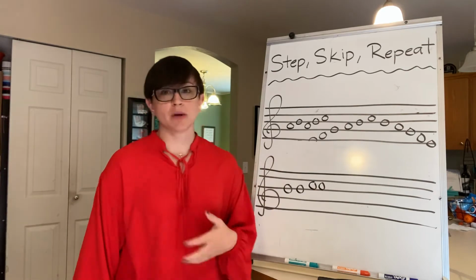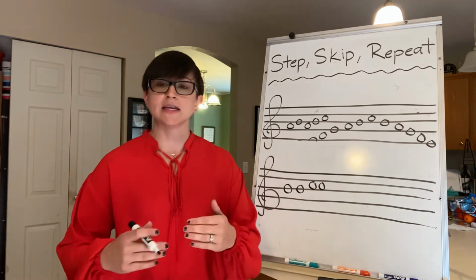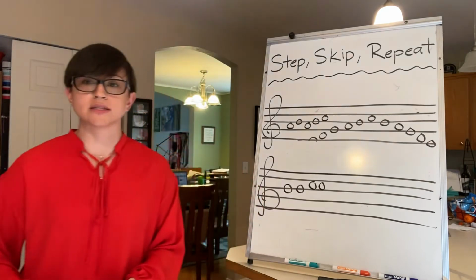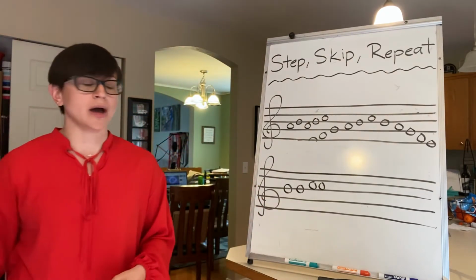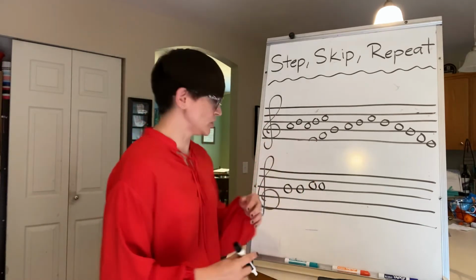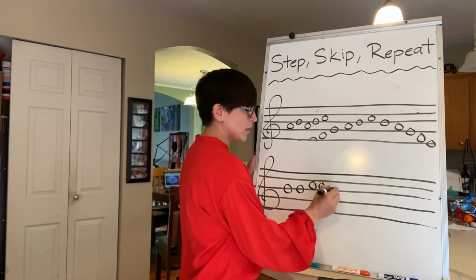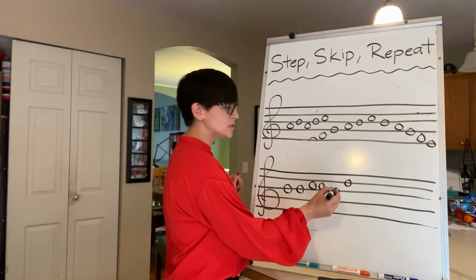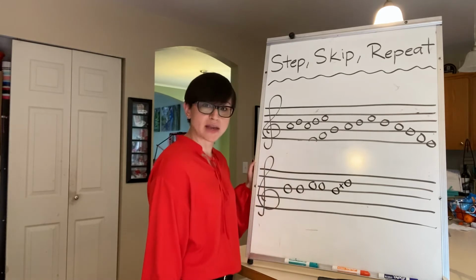And then when we talk about skips, it's just that, it skips. So just as if you would skip over a log or something, you end up skipping a note. So you can go from a line note to a line note. That's a skip because you skipped that space.